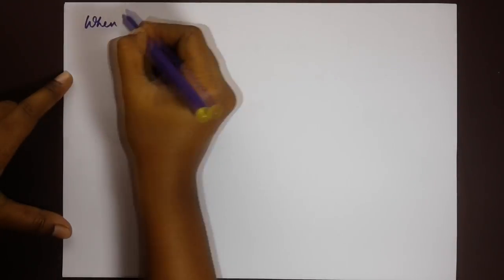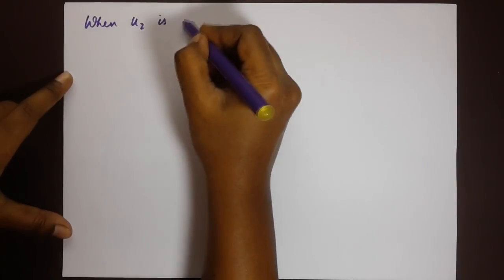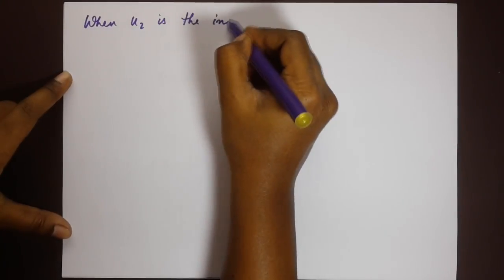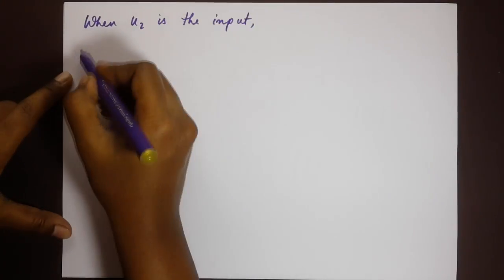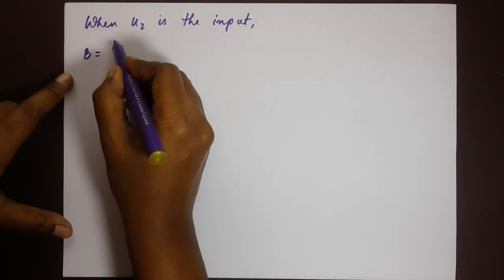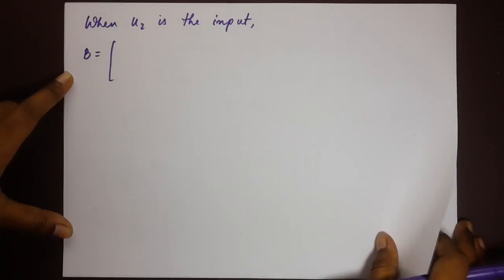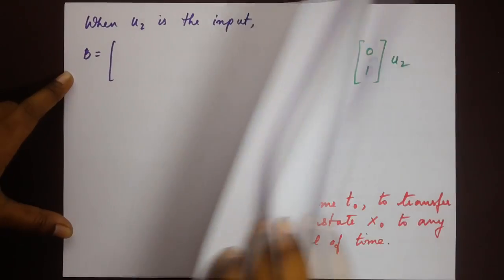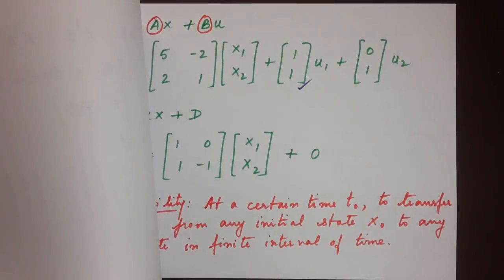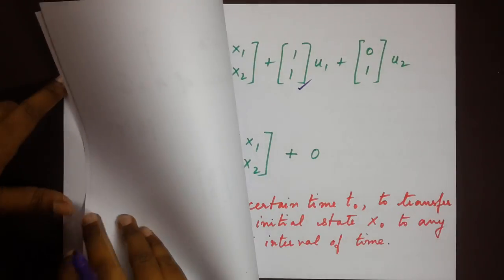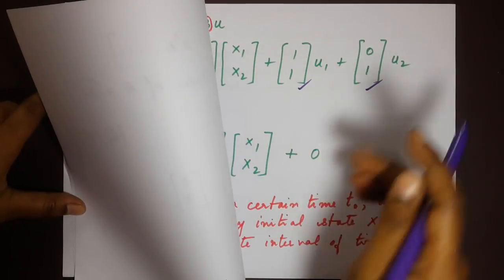So when U2 is the input, we have the matrix B as, let's see, corresponding to U2, we have the matrix 0, 1. Do you see that? This one here.